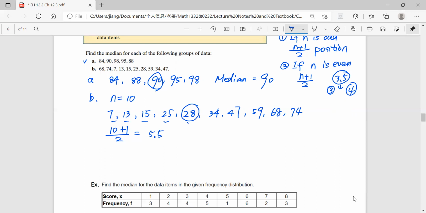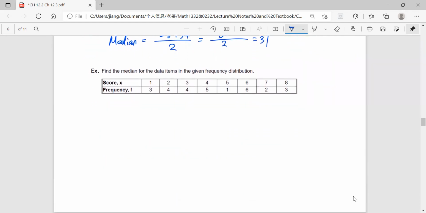So 28. And which is the sixth position? 34. That means the median equals 28 plus 34 over 2. So this is 62 over 2. That's 31. That means the median for this question is 31.